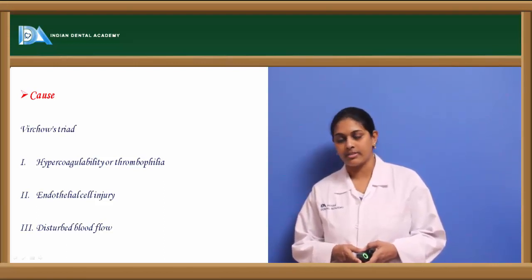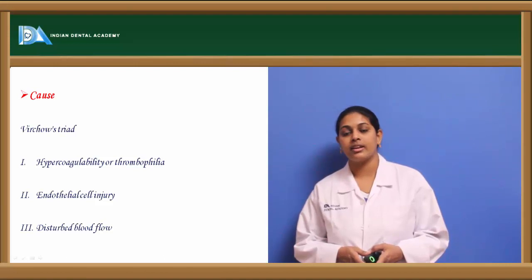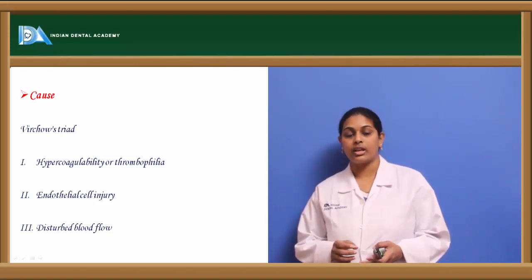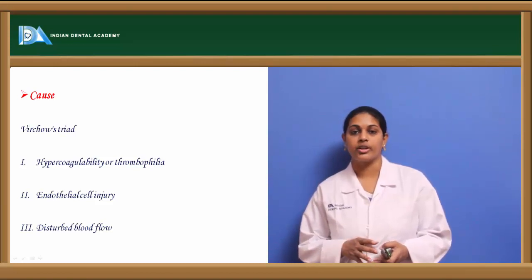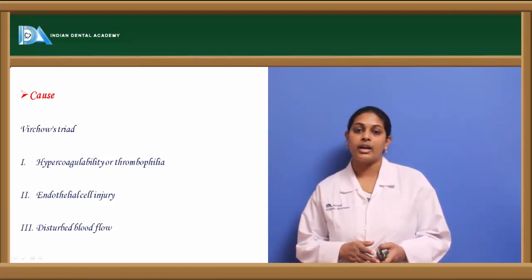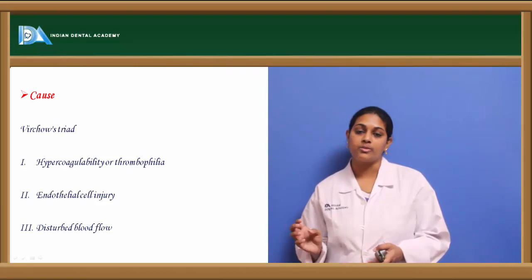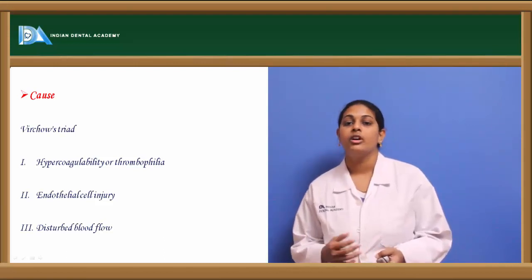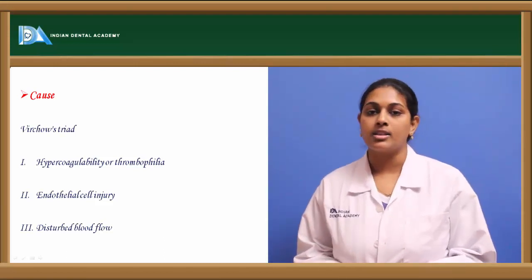Other than that, there is endothelial cell injury. When there is endothelial cell injury, and the endothelium has to restore its normal function, blood clots are formed, which hamper the blood flow through the blood vessels and result in the formation of thrombosis. Coming to the third, that is disturbed blood flow.